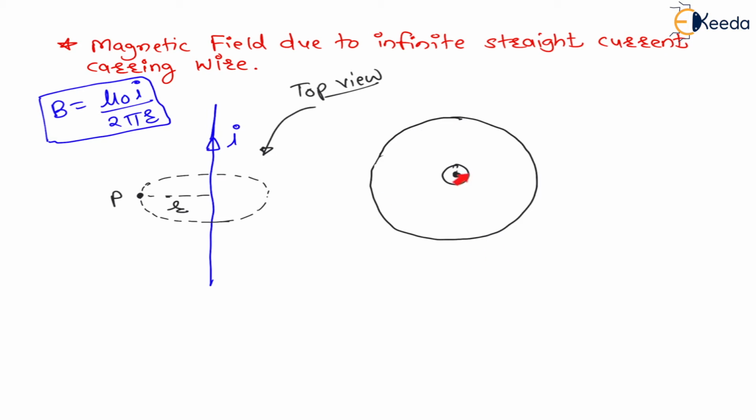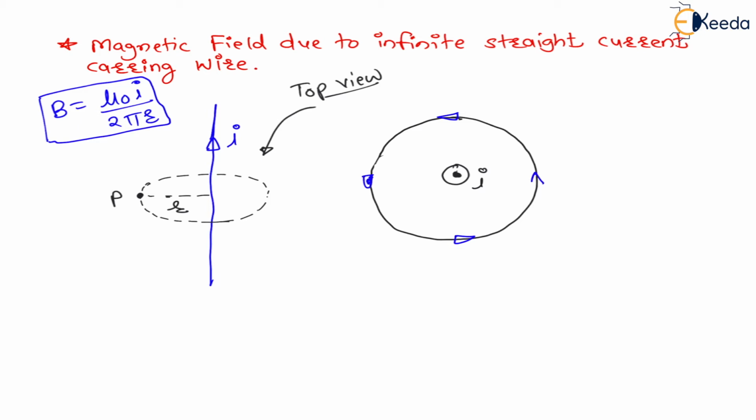And as here the net current, total current, is I only inside, and it is going outward for anti-clockwise rotation, therefore the direction of the loop I have to assume as anti-clockwise. This should be the direction of the loop, right?